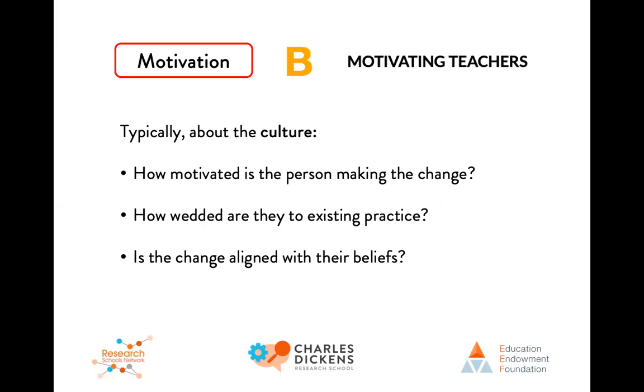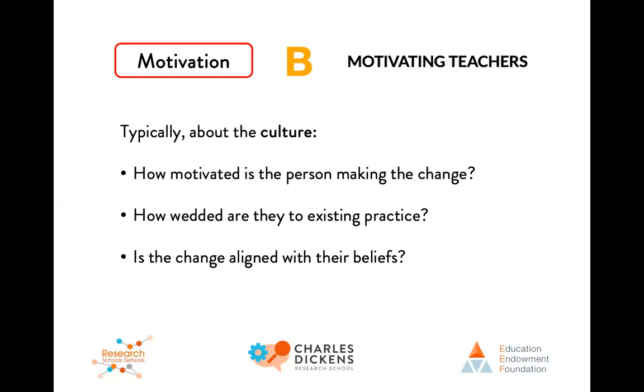Now, it might be that you're trying to change something that's really quite unpopular. It might be that staff are ready to embrace a change to appraisal systems or to homework practices, and that will make that motivation piece much easier. However, if we're trying to change a popular existing practice, we're going to need to work a bit harder at that motivating piece.